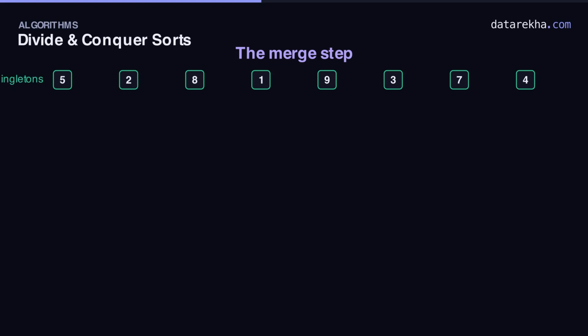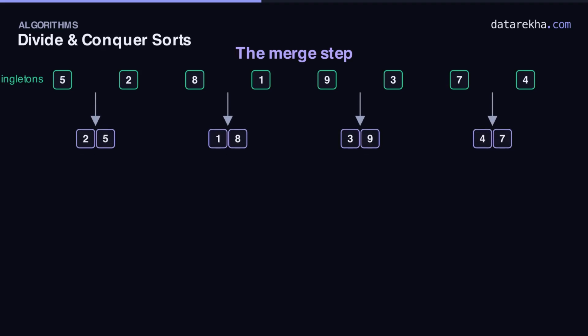Start at the bottom of the tree. 8 sorted singletons. Merge them in pairs. 5 and 2 become 2, 5. 1 and 8 stay 1, 8. 3 and 9. 4 and 7. Each pair now sorted. Merge the pairs into 4s. 2, 5 zippers with 1, 8 to give 1, 2, 5, 8. 3, 9 with 4, 7 gives 3, 4, 7, 9.